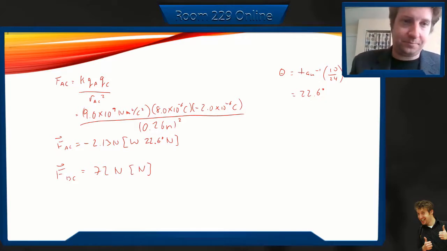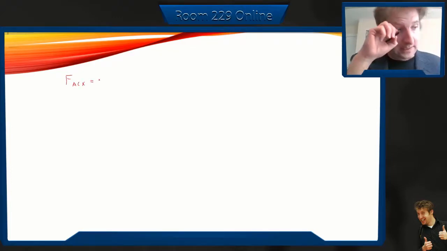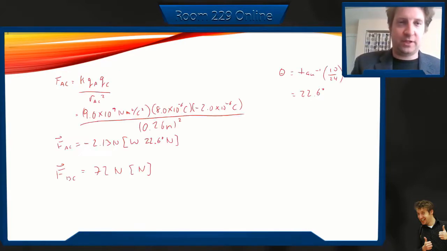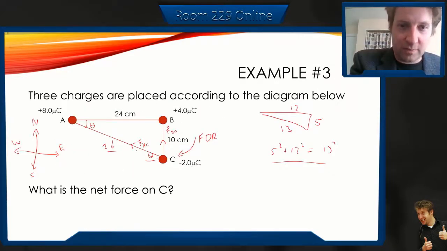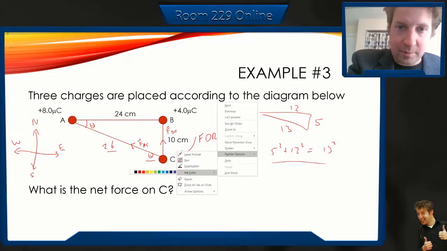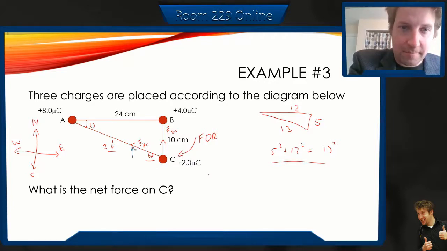So let's do that. F of A on C, the x direction, right? That's going to be 2.13 newtons. And is it going to be cosine or sine? I want to break this up into two vectors, an x vector and a y vector.